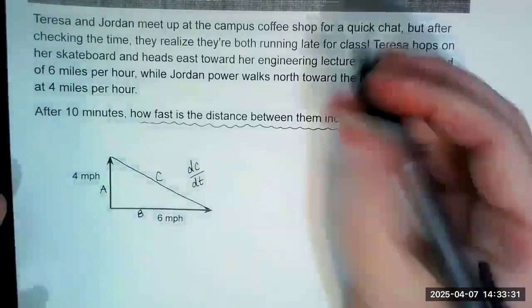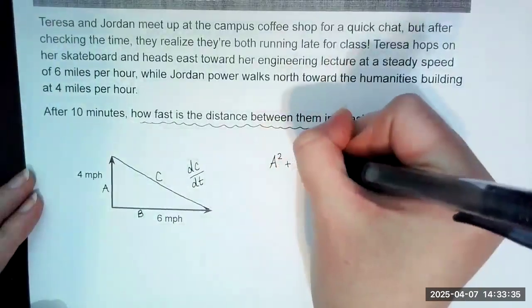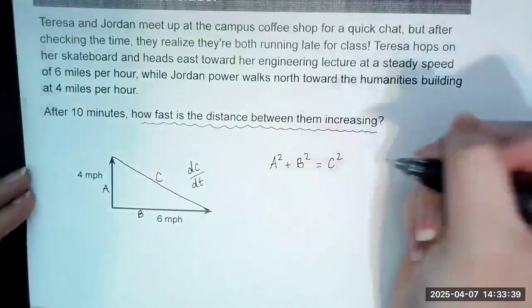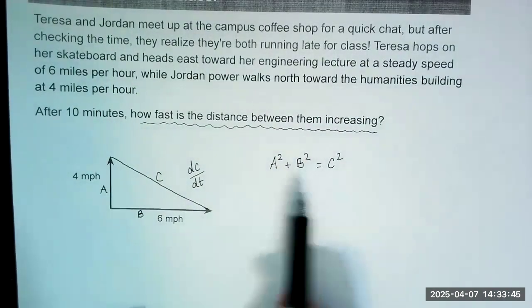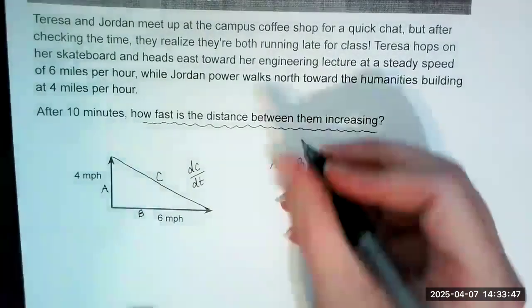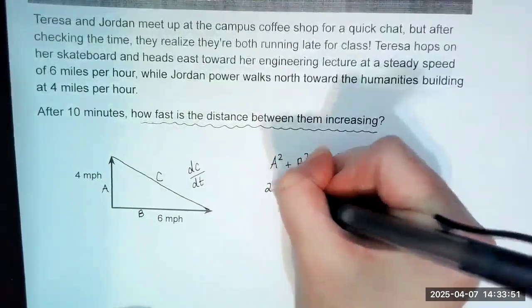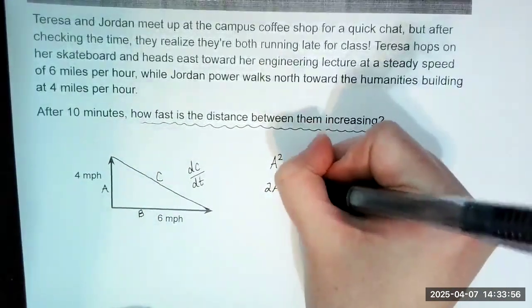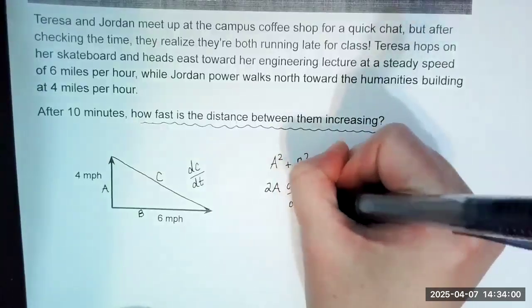What I'm going to do is write out my Pythagorean theorem. A squared plus b squared is equal to c squared. And then implicitly, this is going to be a function in terms of time. If I differentiate this with respect to time, what I'm going to need to use is the chain rule. I'm going to go ahead and say derivative of a squared is 2a, but then with respect to time, I need to write dA/dt.